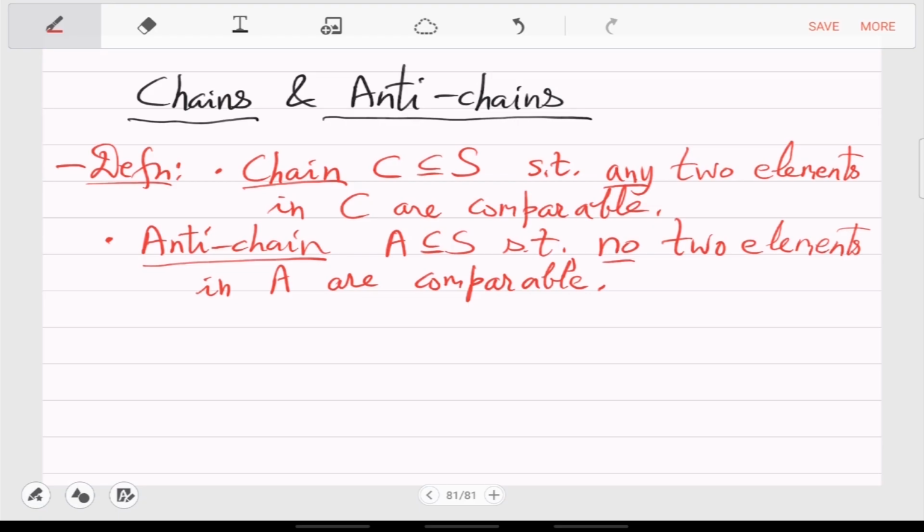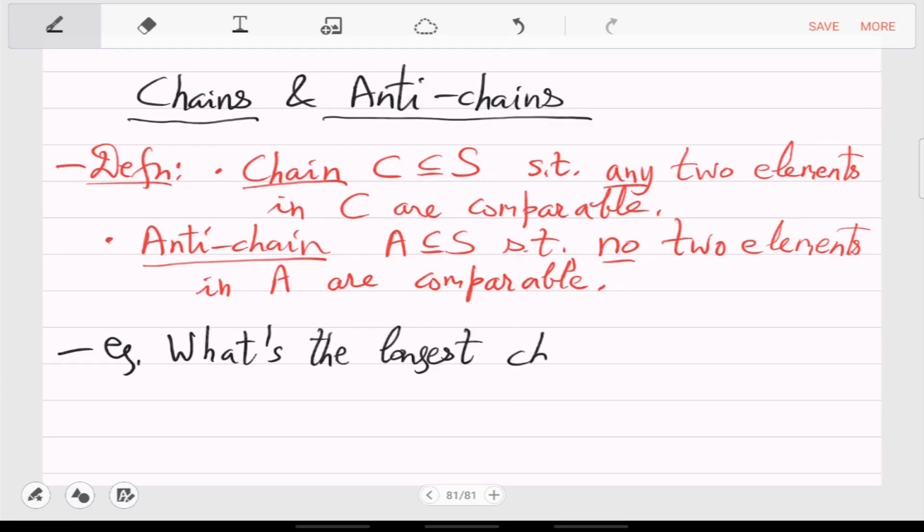So what is the longest chain in the power set? Power set with elements 1 to n, relationship is containment.